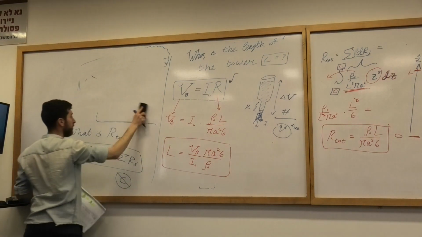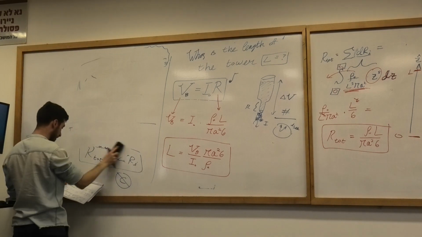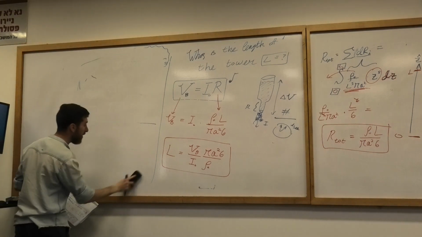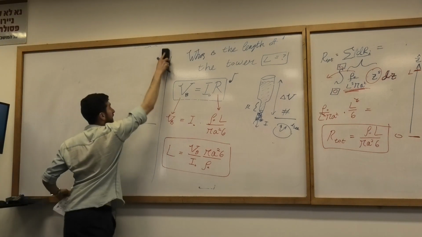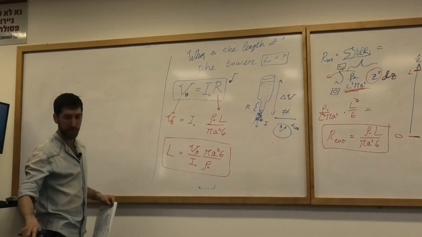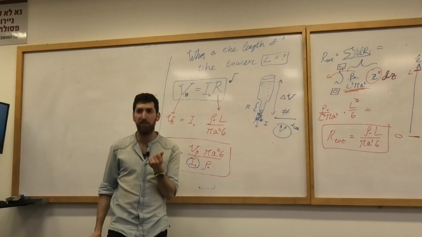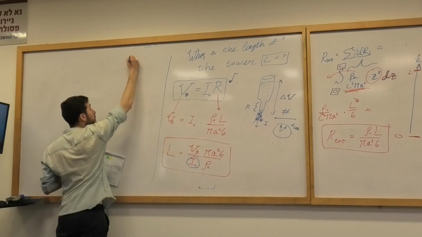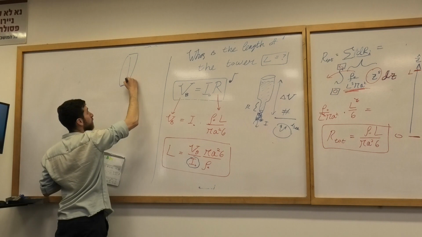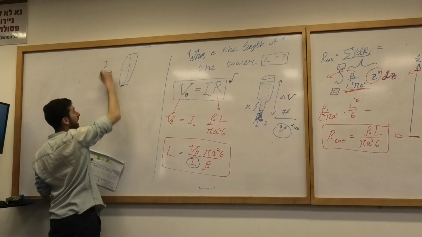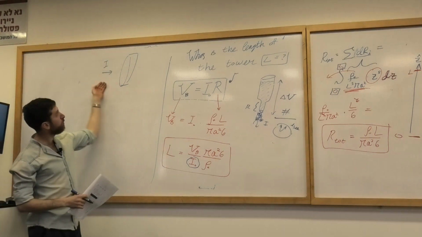The second thing I want to talk about is a concept called current density. Think about it: I is a really general term. I is a scalar. What is the I that goes through this coin?